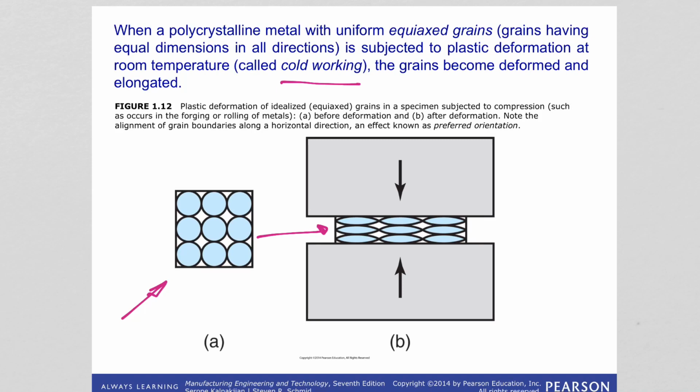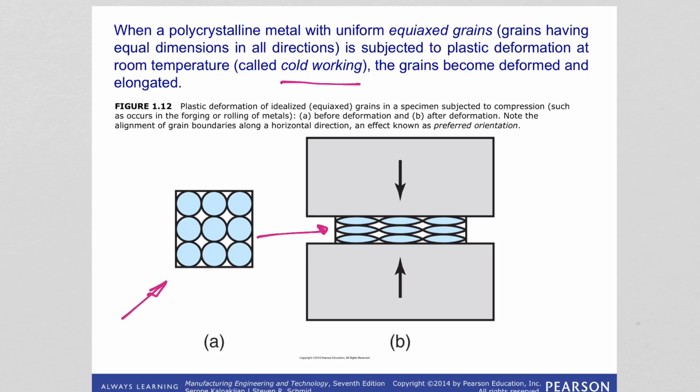So the grains are elongated in one direction, right, and contracted in the other direction. Therefore the material has become anisotropic, meaning in a certain direction the properties are different than in the other direction, right?